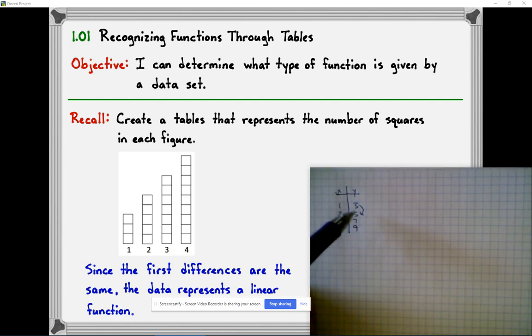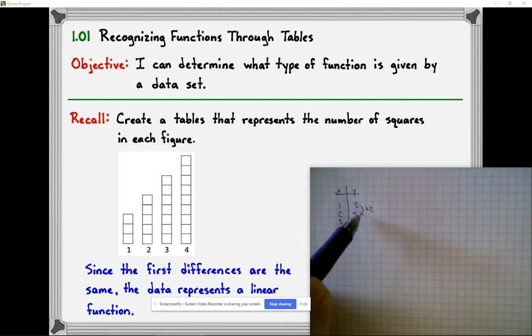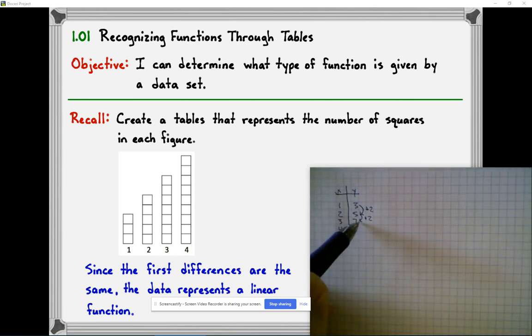So we can see the difference between step 1 and step 2 is that we added 2 boxes. The difference between step 2 and step 3 is that we added 2 boxes. And the difference between step 3 and step 4 is that we added 2 boxes. So in each step, you can see that we are adding the same amount of boxes each time.